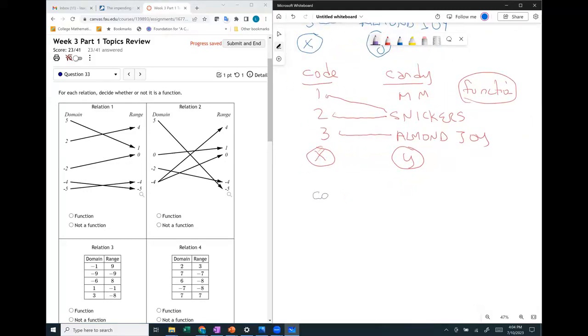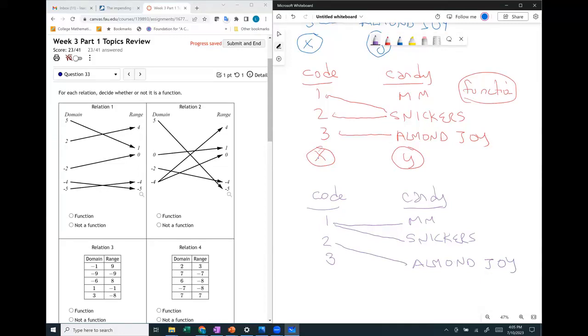So I put a code, 1, 2, 3, and I have candy, M&M, Snickers, and Almond Joy. Let's say I press 1 and I get either a Snickers or an M&M. And I press 2 and I get an Almond Joy.